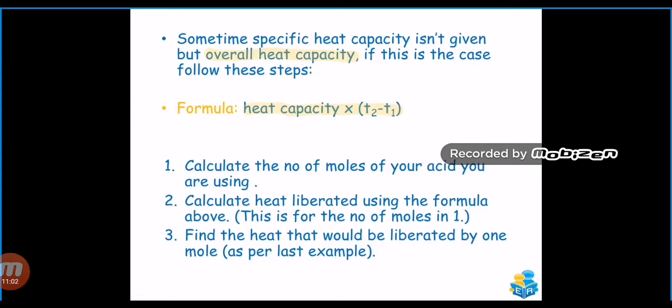So the steps would be to calculate the number of moles of the acid you're using, calculate the heat liberated using the formula, and this will be for the number of moles from step 1, and then you find the heat that will be liberated by 1 mole as per our last example. So this step here is like step 4 in our last example.